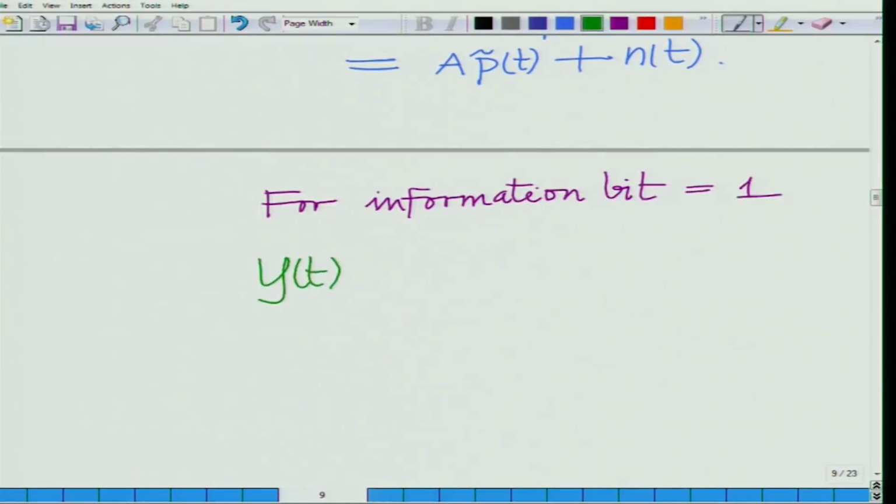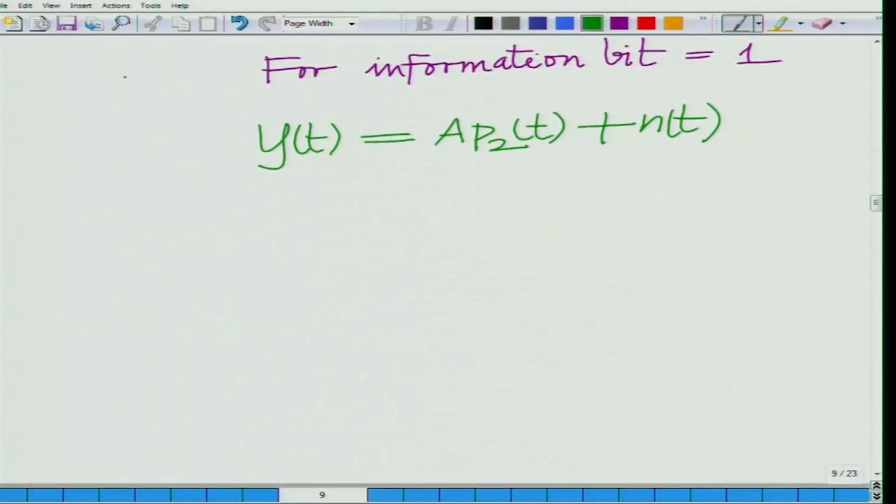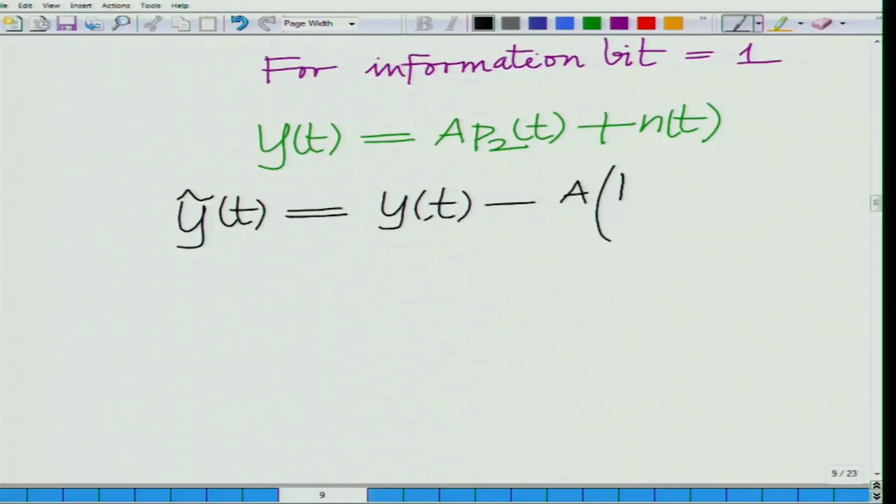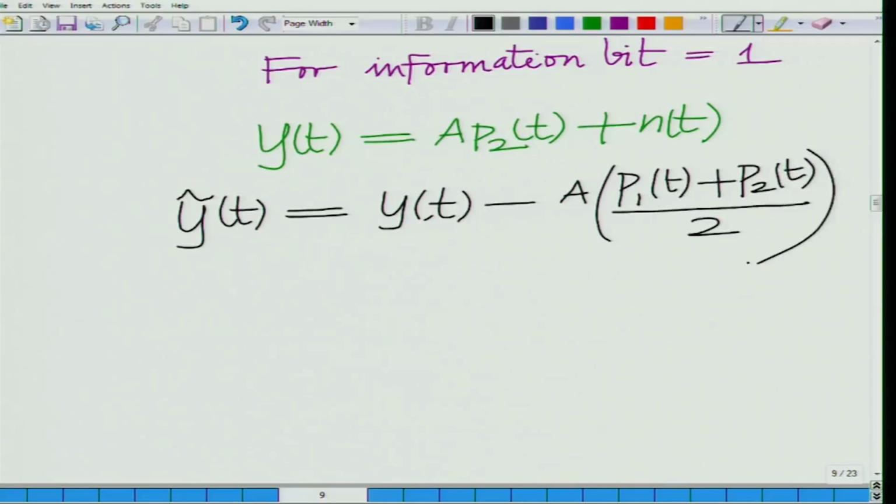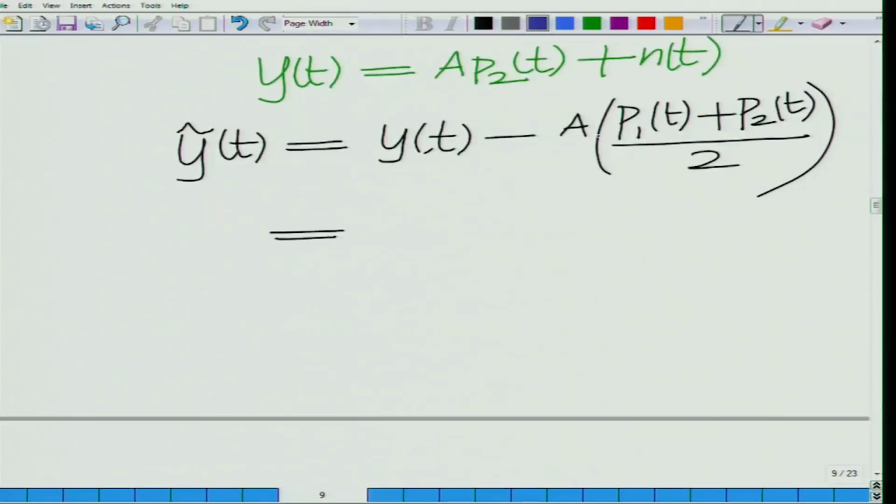we have y t equals a times p 2 t plus n t, and y tilde t equals y t minus a times p 1 t plus p 2 t divided by 2, which is equal to a times p 2 t plus n t minus a times p 1 t plus p 2 t divided by 2.